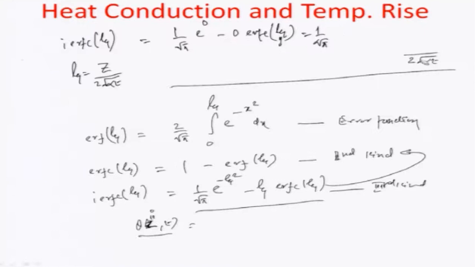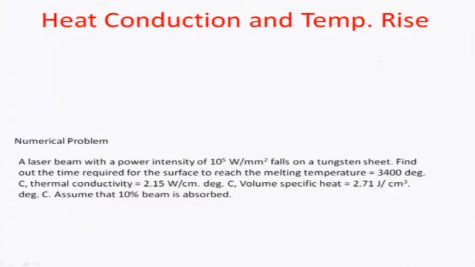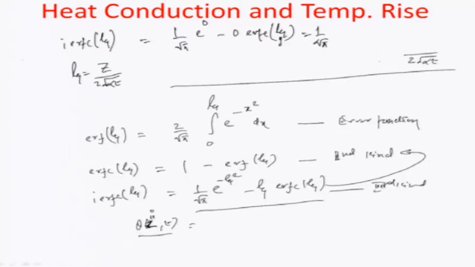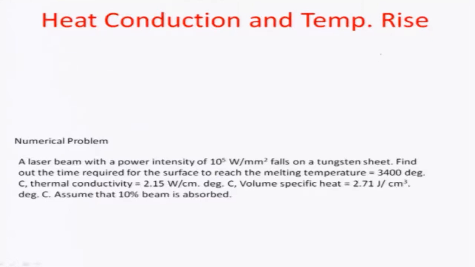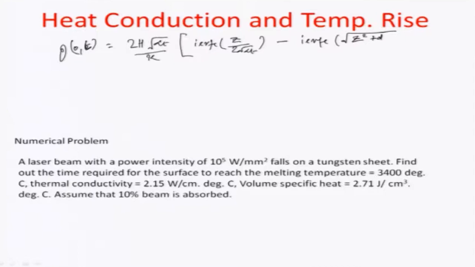If we substitute this value in the equation for the temperature on the surface, theta 0 t, for all points of time, this essentially boils down to, let us first write the whole expression: twice h root of alpha t by k, times the error function of the third kind, z by twice root of alpha t, minus the error function of the third kind, root of z square plus d square by 4, by twice root of alpha t, corresponding to z equal to 0.